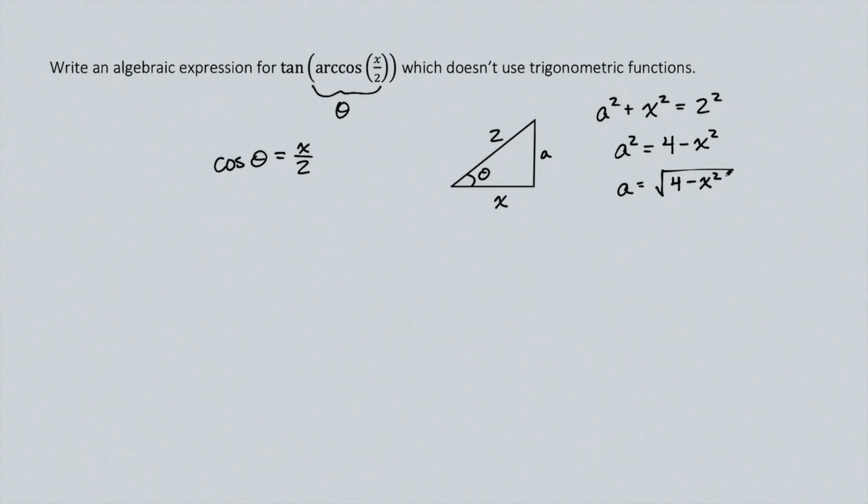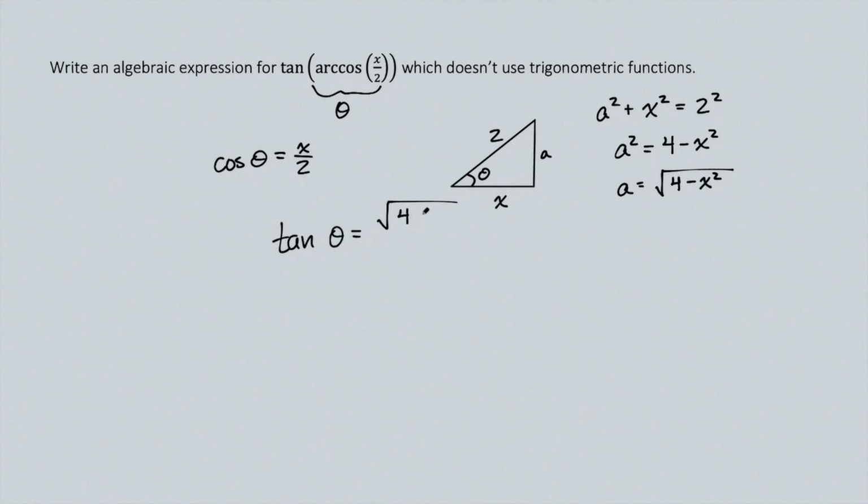Now I'd like to point out here that when I did the square root, it would be a plus or minus. However, we know that the arc cosine only gives us something in either the first or second quadrants. And for both of those, the opposite side would be positive. And so I'm only using the positive here. Now that I have that, I can find the tangent. The tangent of that angle is opposite over adjacent.